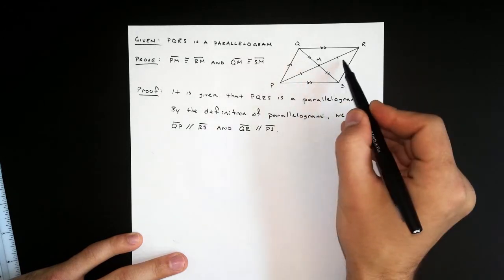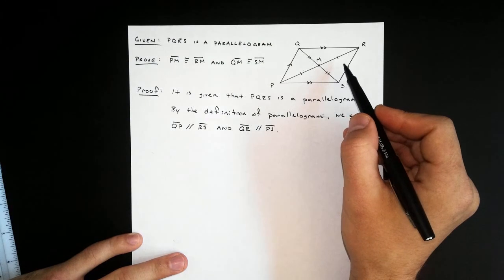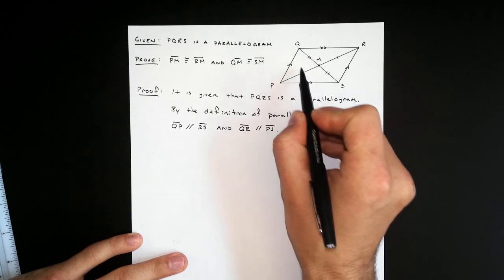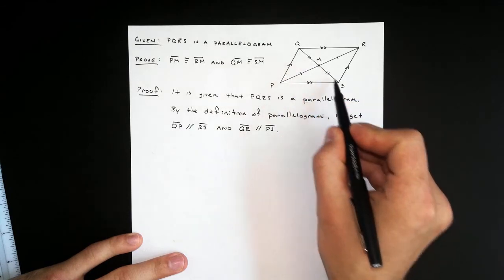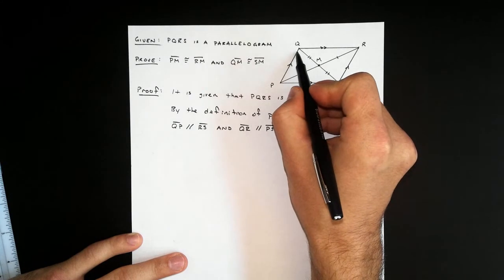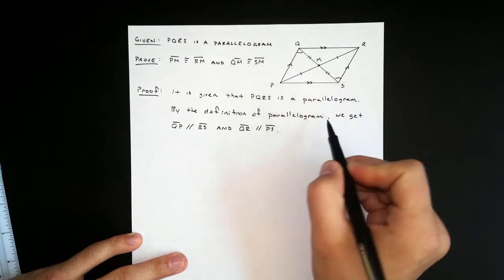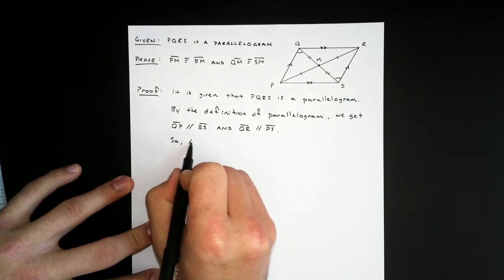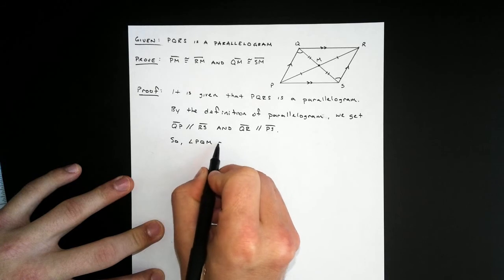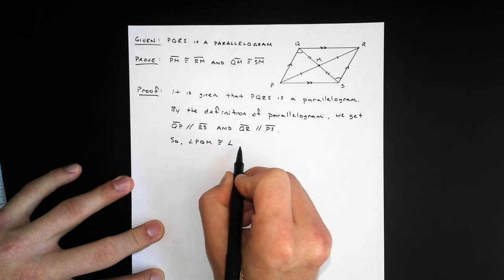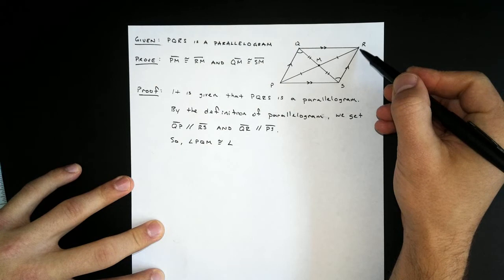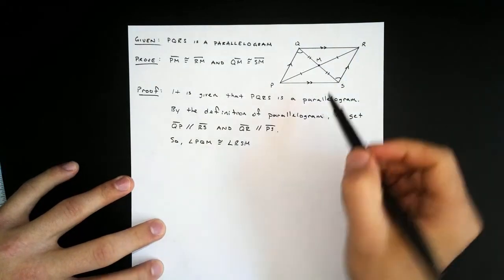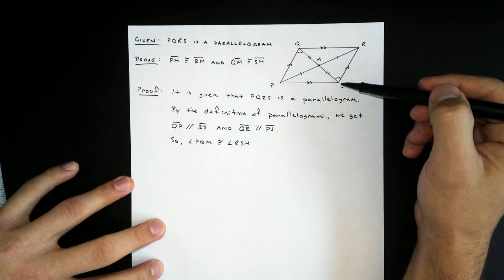So within these two triangles, let's take a look at the angle relationships that we have. We have vertical angles in the middle, and then using our parallel lines, we can get some alternate interior angles. So I know that these two angles are congruent. So let's see, we have angle PQM is congruent to angle RSM, and that was using QS as the transversal.